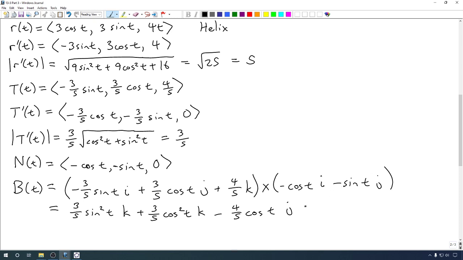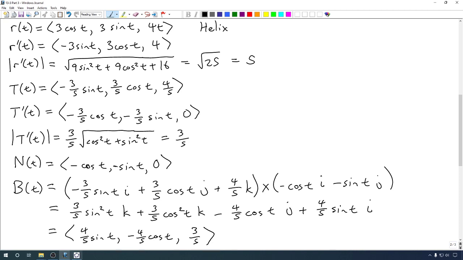We already have a negative there, so we actually get a plus 4/5 sine t i. If we put these in our angle brackets, our first component is this i back here, 4/5 sine of t. Second component is this negative 4/5 cosine of t. And then the k's, we have two k's. Those do combine, and sine squared plus cosine squared gives us a 1. So our third component just becomes a 3/5.